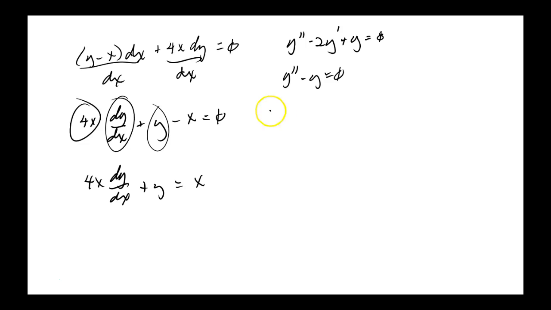Okay? How about this one? x cubed d3y/dx cubed plus x dy/dx minus 5y is equal to e to the x. Okay? Linear or nonlinear? It is linear.